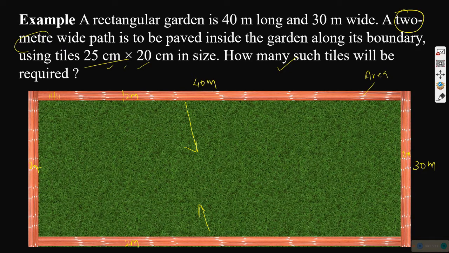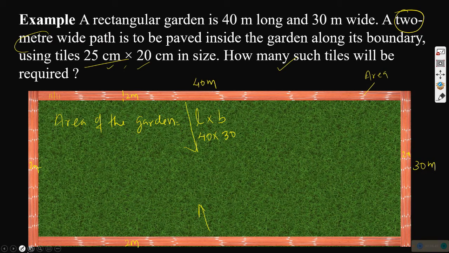It can be done by you, but you can do one thing. I will show you. The thing is that we know the area of the garden. First, we will calculate the area of the garden because its length and breadth are given. How to calculate? Area is called length into breadth. Length given as 40 meter and breadth given as 30 meter. You will calculate that first.